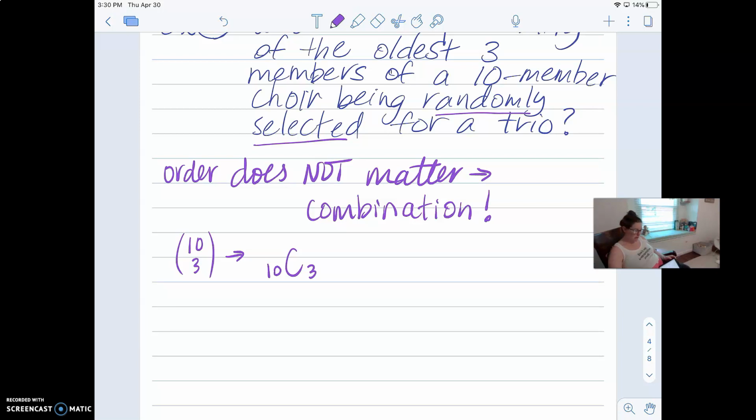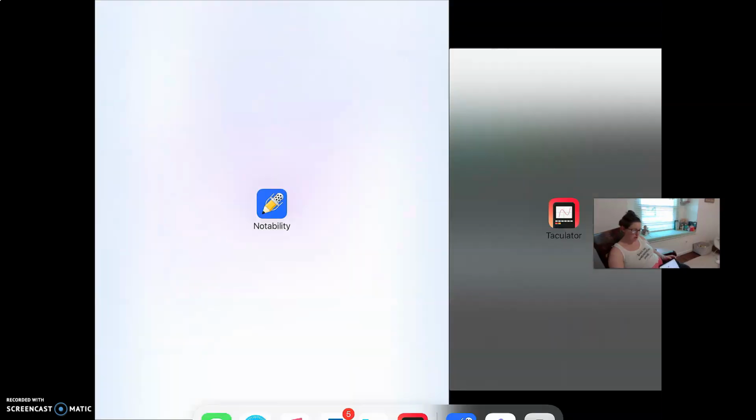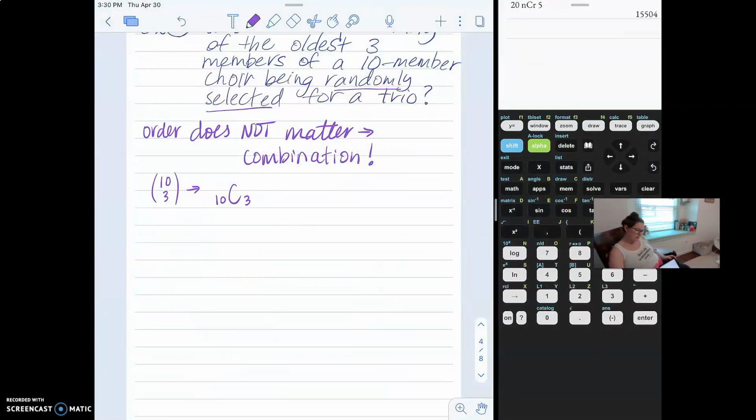Why don't we just use our calculator instead of doing the formula, because that's what they're here for. I'm going to type 10, go to math, over to probability and down to combination. 10 choose 3, or 10 combination 3, is 120. So there are 120 ways to choose 3 out of 10.